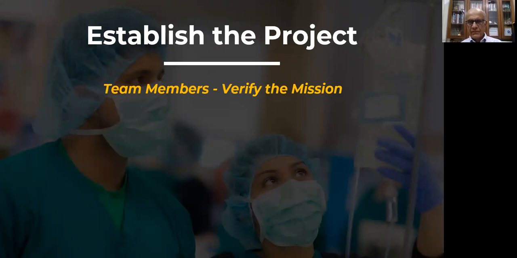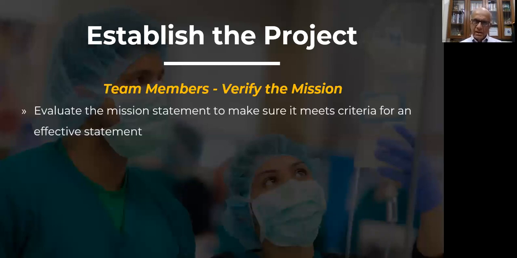Finally, verify the mission. The Quality Council has given a team a mission. They've come to that conclusion based on macro information and a very high level of thinking. When the team members meet and they do a flow chart, they'll make sure the mission is an effective statement.